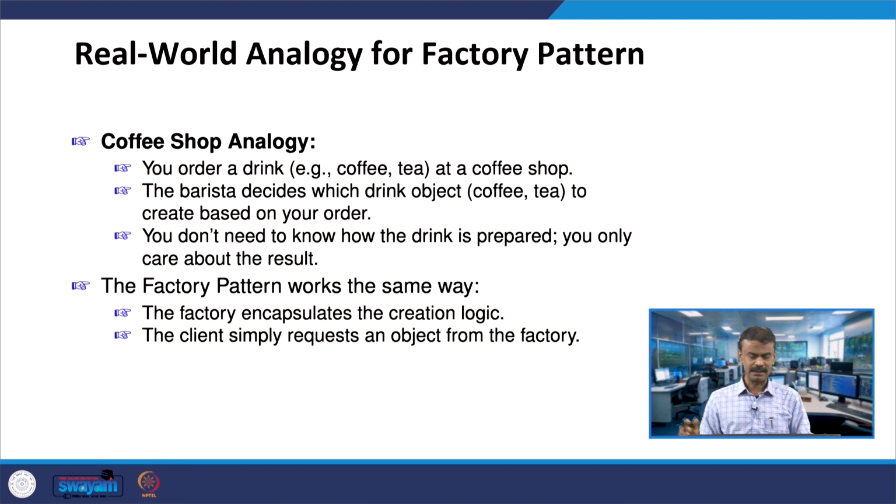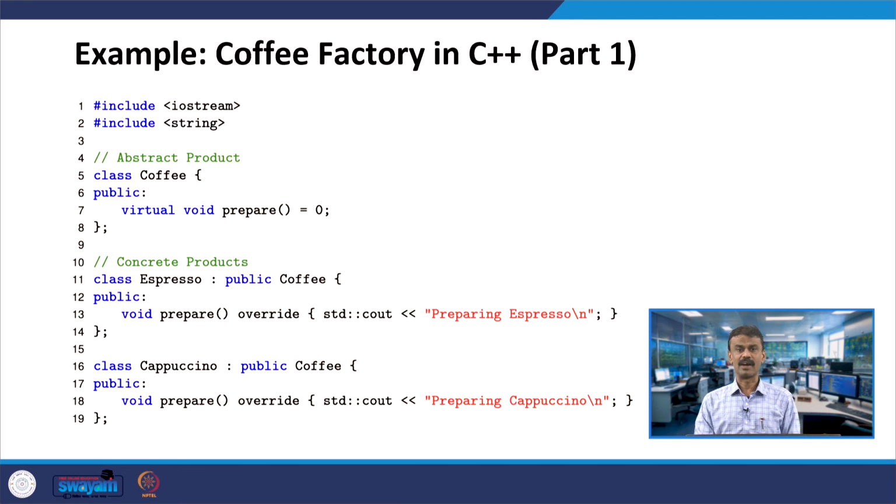So, we can take an example with the same coffee factory. I named it coffee factory in C++. Let us include iostream and include string. Class Coffee: you have a pure virtual function called prepare, equal to 0. We had seen this pure virtual function, and that makes it abstract, the abstract product.